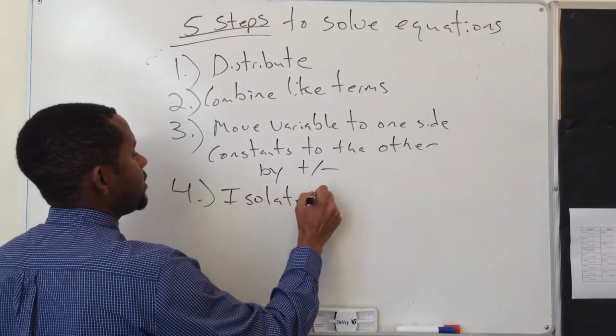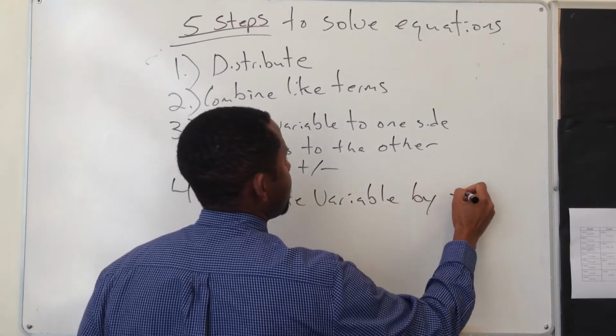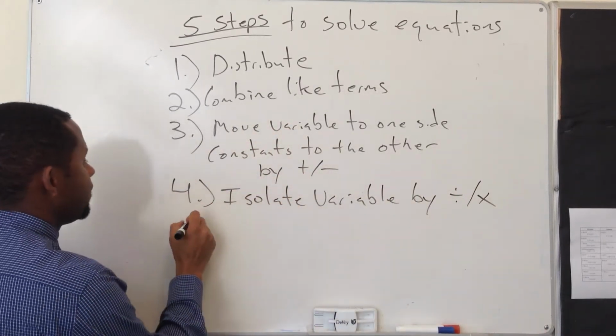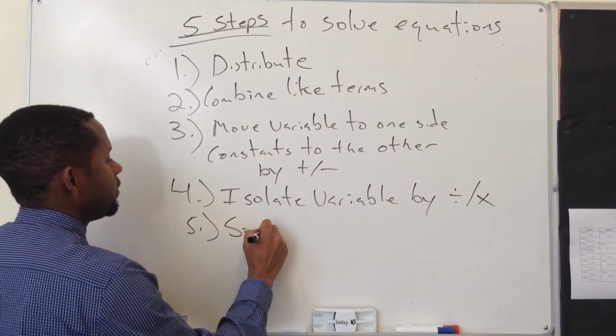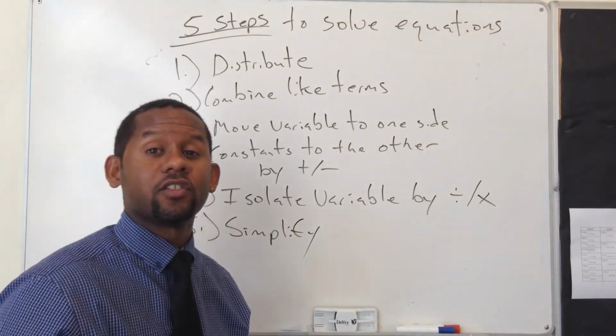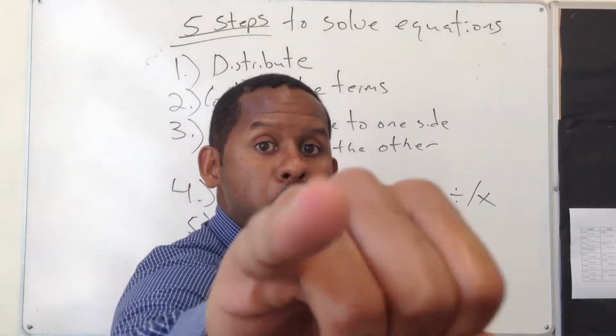Isolate your variable by multiplying and dividing. 5. Simplify. You should have written this over and over. Make it happen.